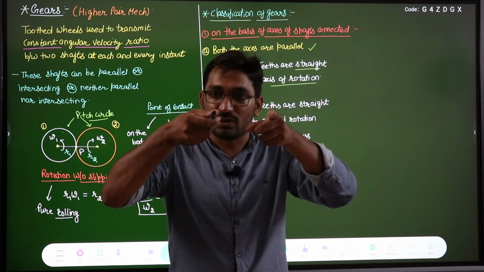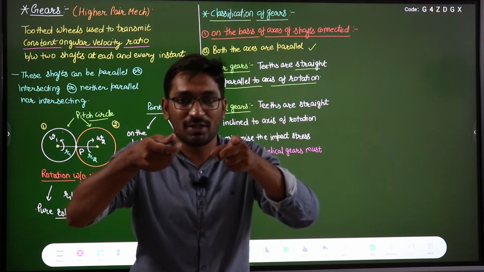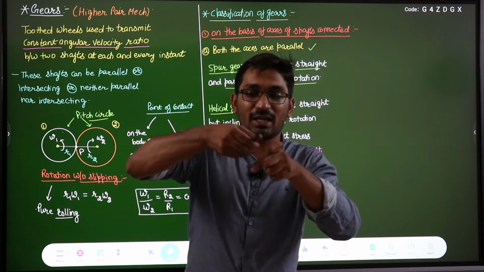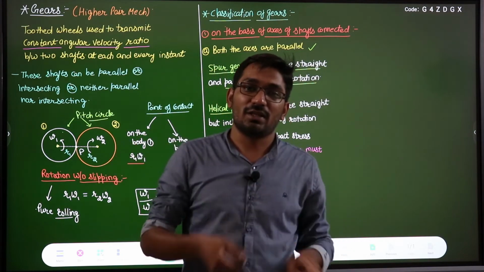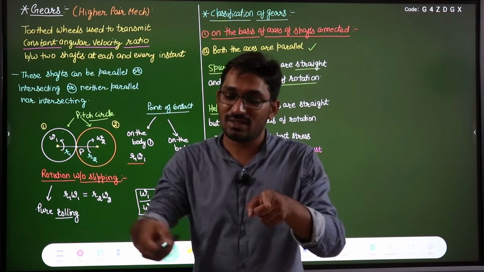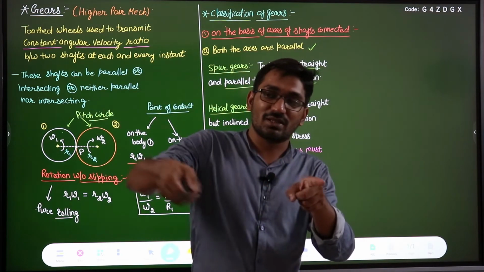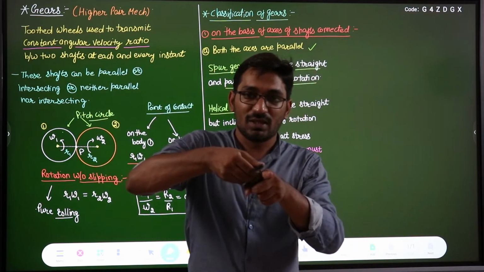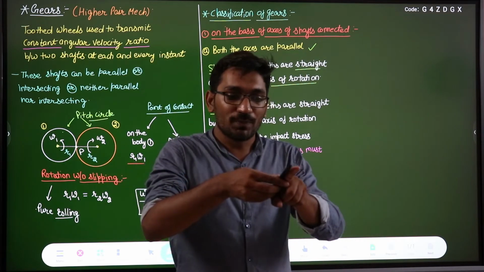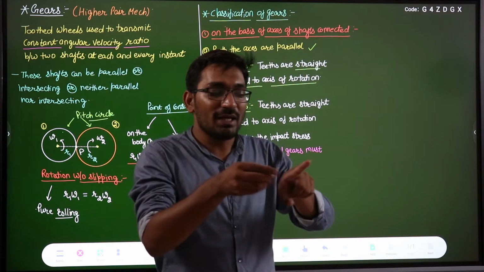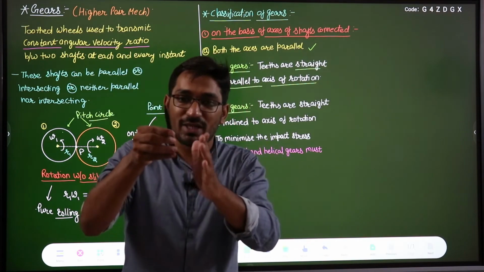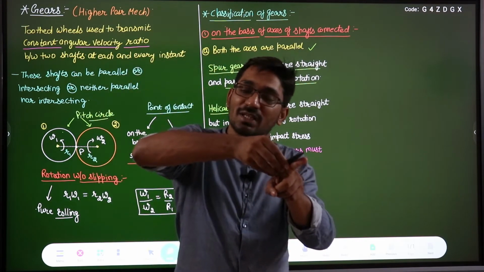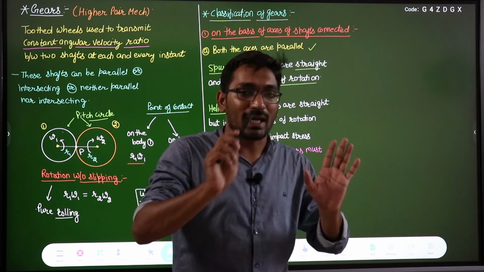Now when they come in contact, because they are straight and parallel to each other, as the disc rotates and this tooth comes in contact with this tooth, the complete area will be in contact at an instant. This complete tooth will be in contact with this complete tooth at one time, right?